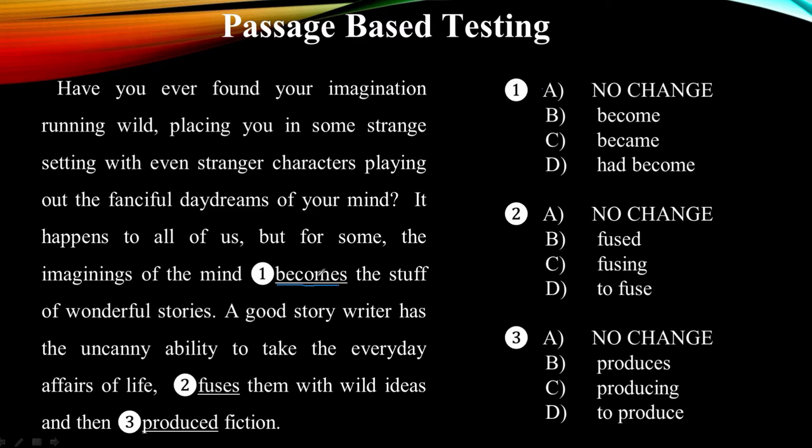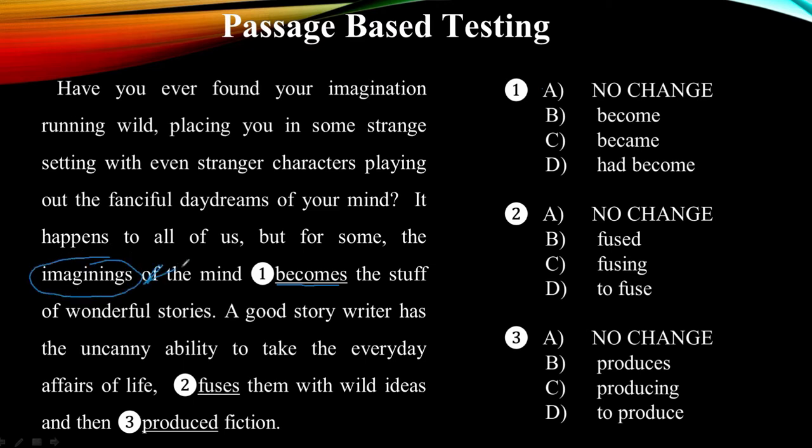When you're talking about your verbs, you want to know what it is that you're talking about. What we've learned is that a subject determines what a verb is going to be. If the subject is singular, the verb has to be singular. If the subject is plural, the verb has to be plural. So what is it that's becoming the stuff of wonderful stories? It's the imaginings.